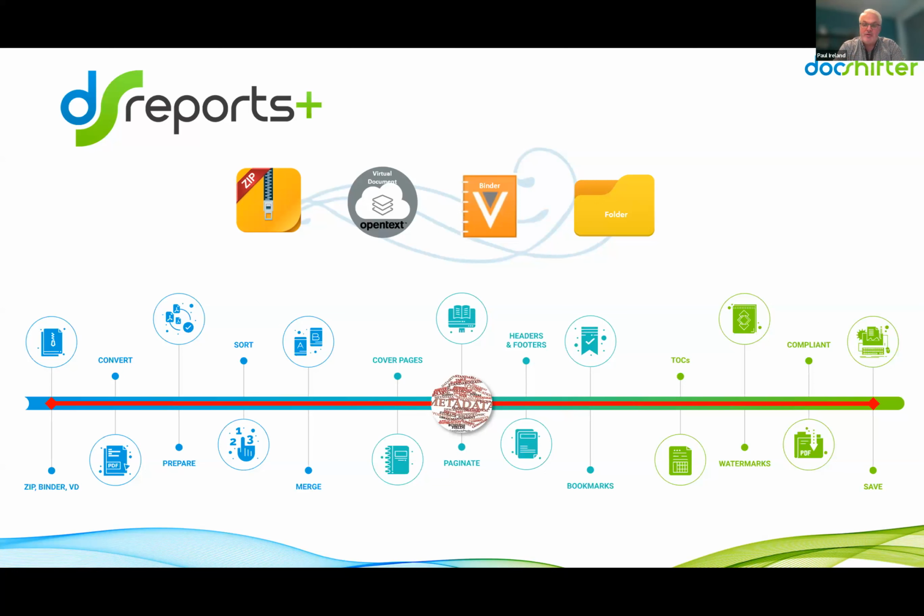The bookmarks, ensure that the merged PDF is fully bookmarked. Tables of contents are added that span the entire report. Watermarks added if need be, and then the results need to be ensured that they're compliant. By compliant, we said all those compliant elements about inherit zoom, the PDF version, all those things that make sure that the PDF is fully compliant as well.